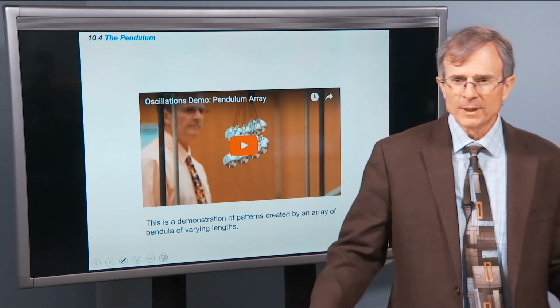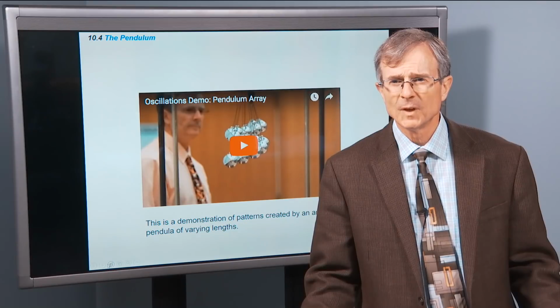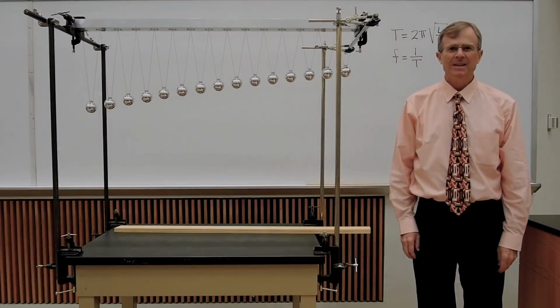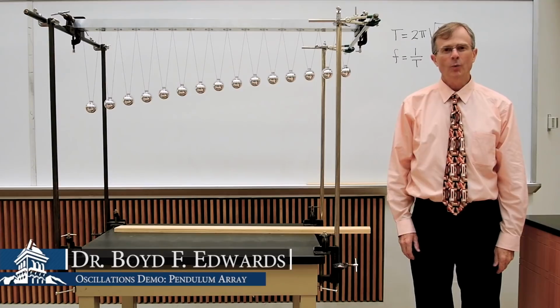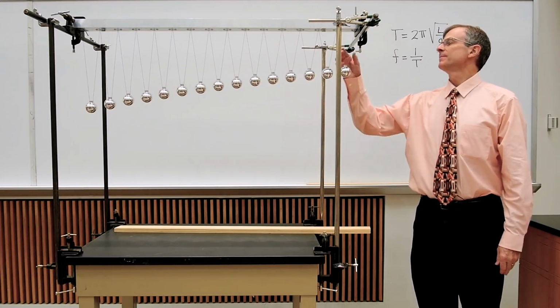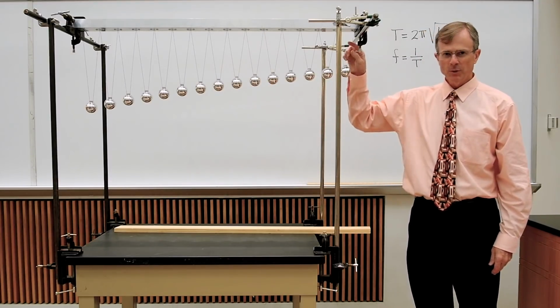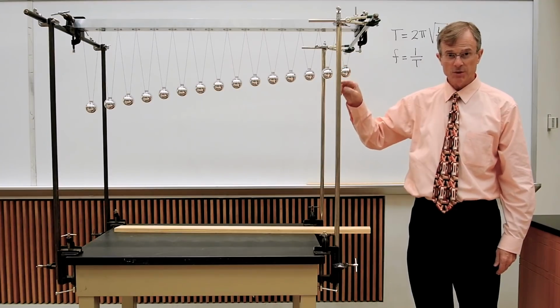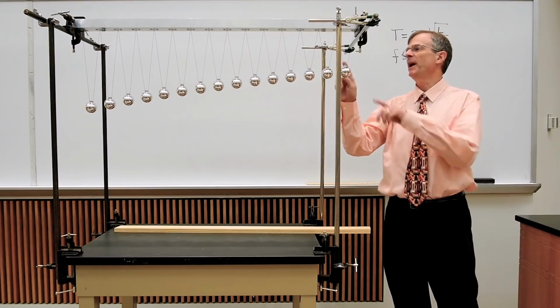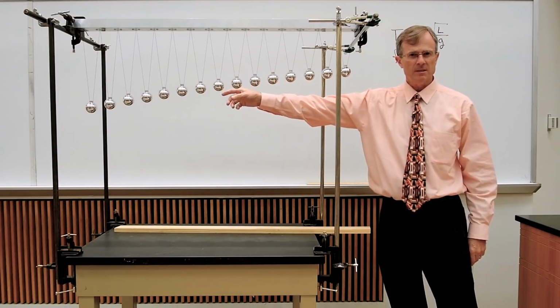A fun little demo, I think anyway. This is a pendulum array demonstration. What I have is a series of pendula going from those that have a short string, or a pair of strings actually, to those that have longer strings.